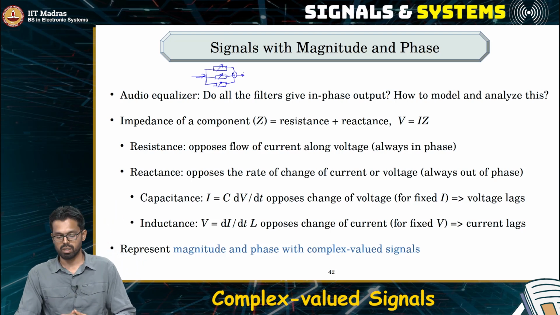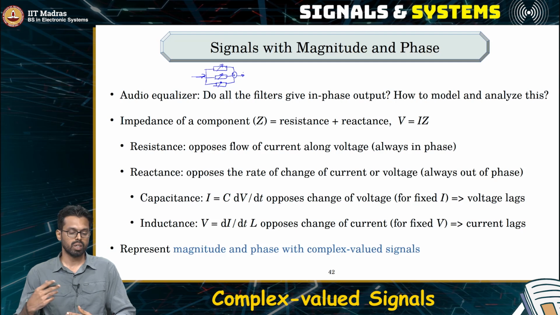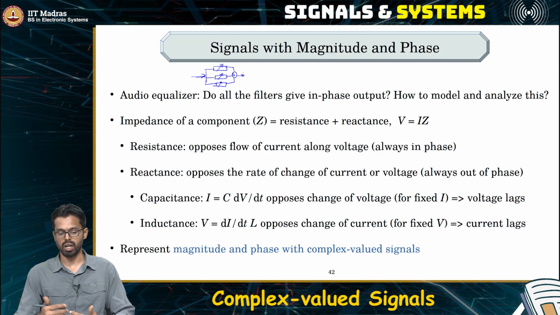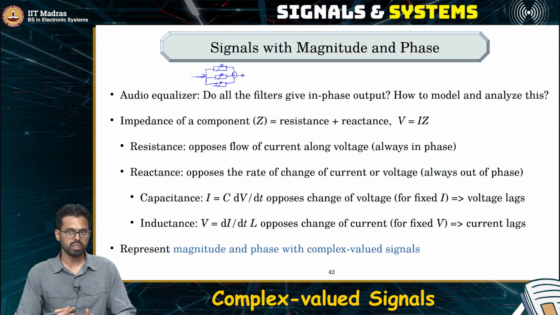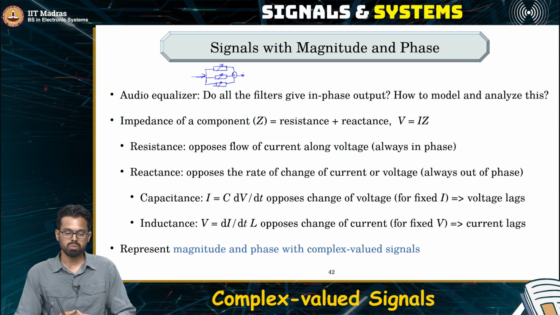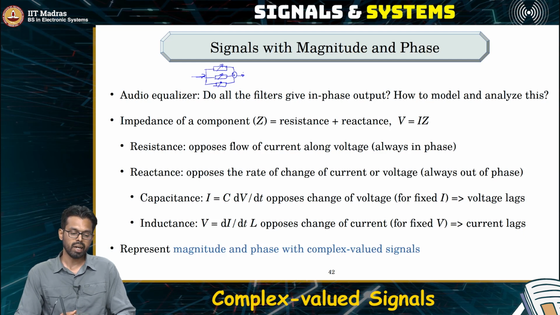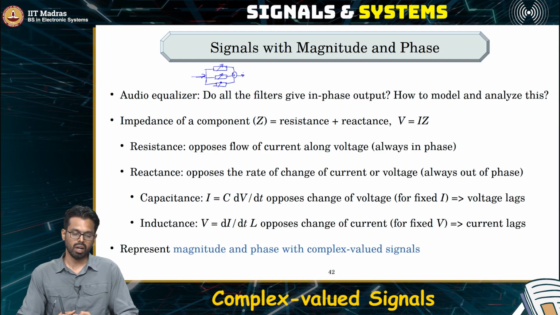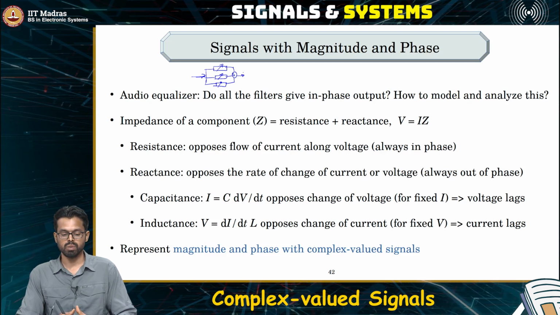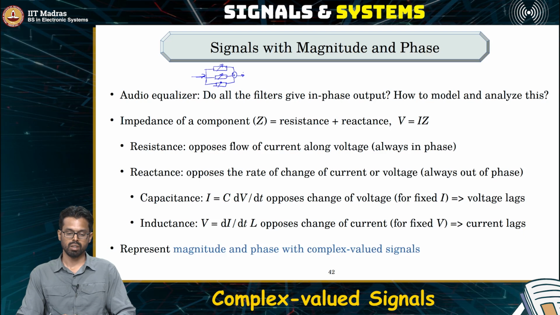Now we know that you can construct filters using resistors, capacitors, and inductors: RC circuits, LC circuits, RLC circuits, and so on. These are all components with which you can construct filters. Now, when we are adding the output of multiple filters, are we even sure that the output of these filters will always be in phase?